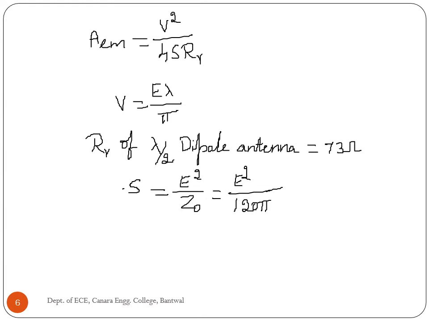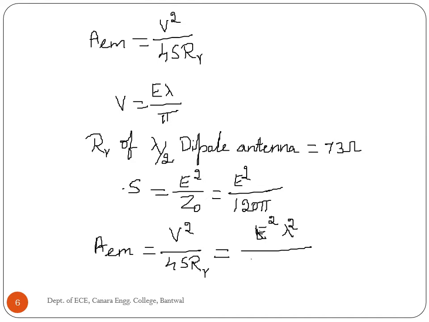So now substitute V, RR, radiation resistance, and Poynting vector S in the maximum effective aperture equation, that is V square divided by 4S RR, which is equal to V square is E lambda by pi, that's why E square lambda square divided by pi square into 4 into S, which is E square divided by 120 pi, multiplied with the 73 ohm resistance, radiation resistance.